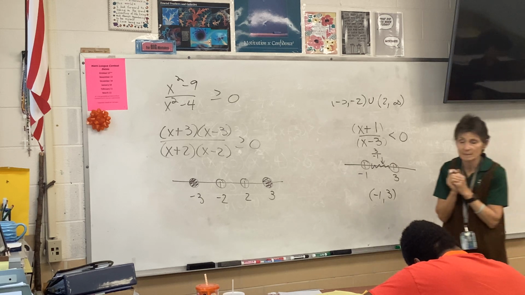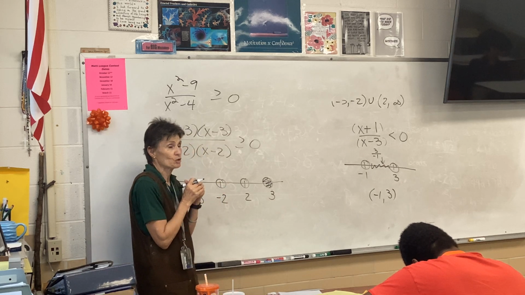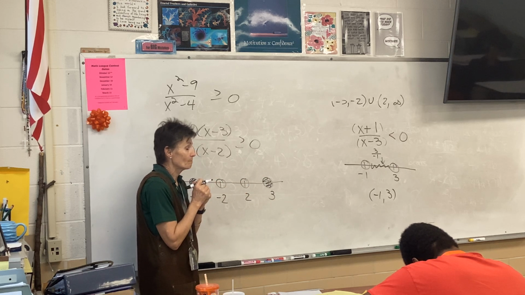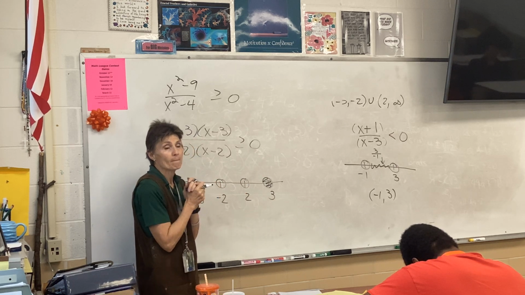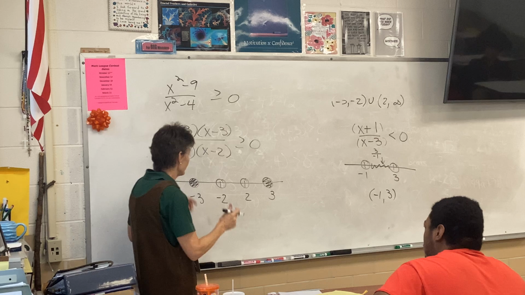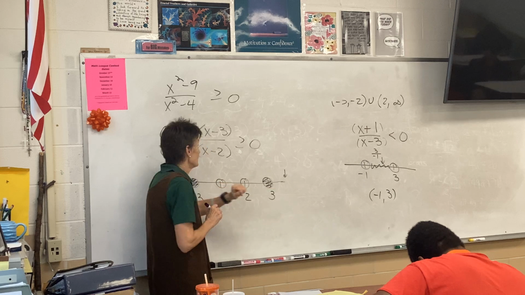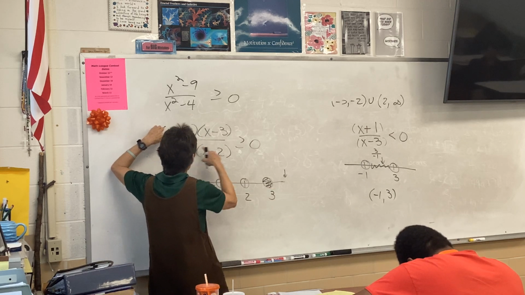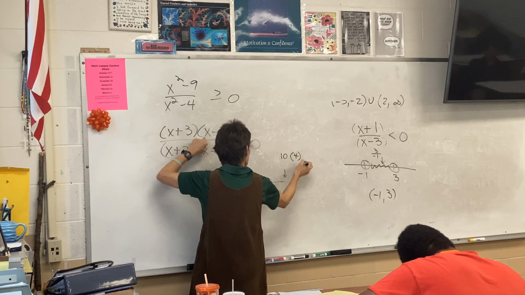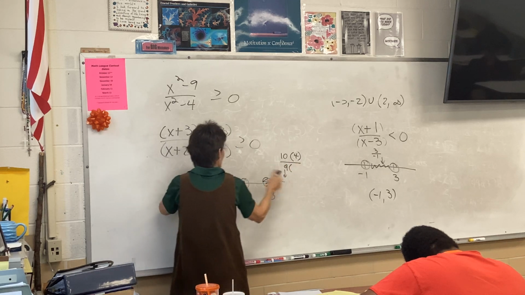Always, always, always. So when I write my answer, this problem is going to have a mixture of brackets and parentheses because I have closed and open dots. All right, now what? Pick a point. You got a lot, I don't care, pick one. 7. All right, so 7's out here. If I put in 7, I get 10 times 4 over 9 times 5.